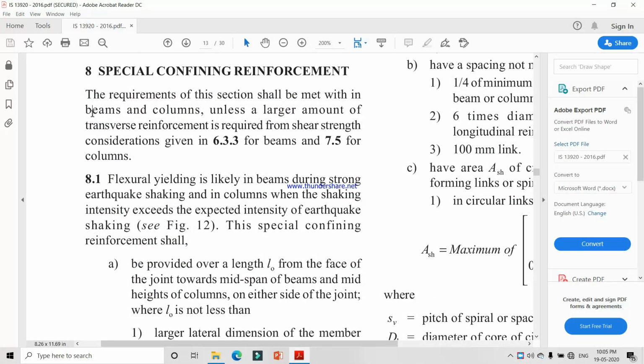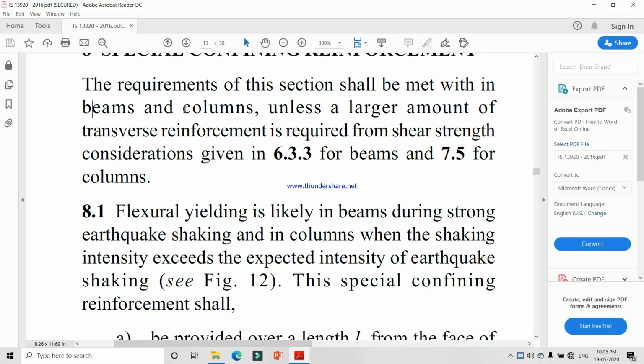These are the special confining reinforcement. This requirement is met at a beam column junction. Otherwise, a larger amount of transverse reinforcement is required.